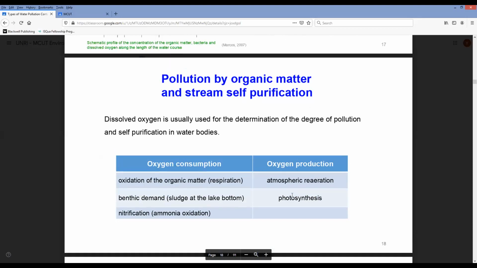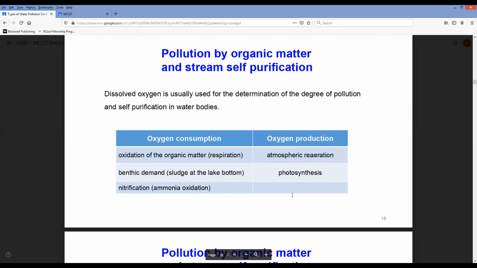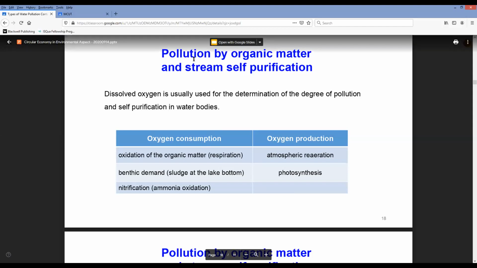Okay, so basically the dissolved oxygen is usually used for the determination of the degree of pollution and the self-purification in the water body. For the oxygen consumption, the first one is the oxidation of the organic matter. This is also called the respiration process. The oxygen production is going to be the automatic reaeration.